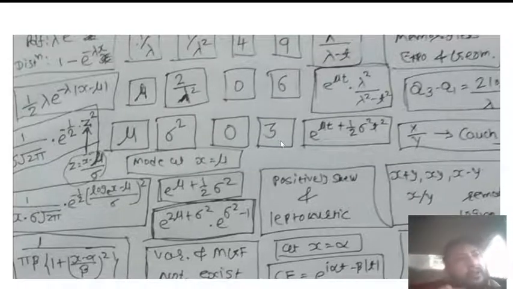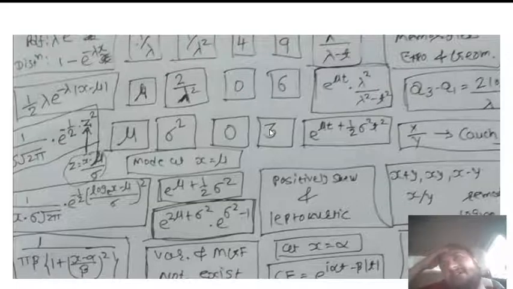So if beta 1 is equal to 0, then the normal distribution is symmetric. Symmetric is for skewness, and for kurtosis, if beta 2 is equal to 3, it is mesokurtic, not leptokurtic or platykurtic, but in between.